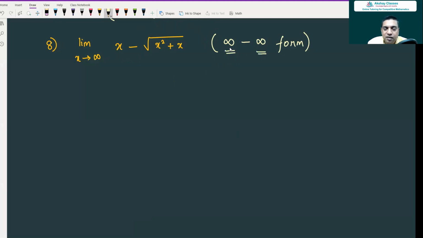If the first number is much greater than the second number, it will go to plus infinity. If the second number is much greater than the first number, it will go to minus infinity. And if they are both going at an equal pace to infinity, then you will get a constant value.